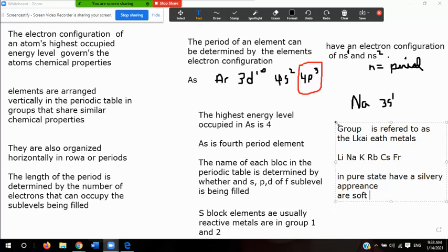They are not found in nature as free elements.